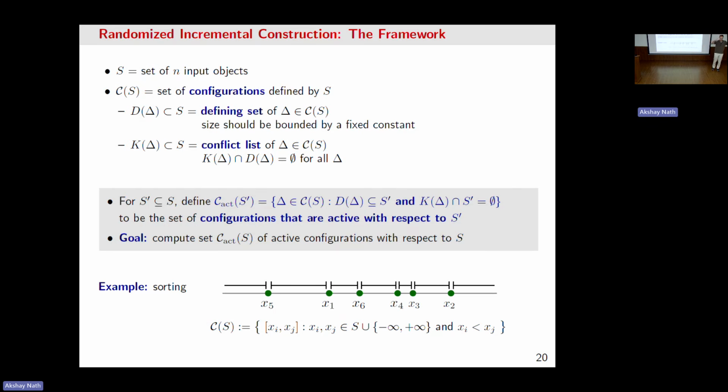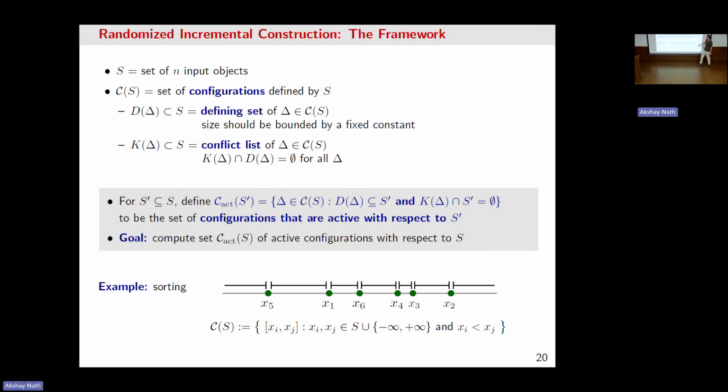So each delta in my set C of S is such an interval. So let's say that this is delta. Now, what is the defining set of delta? It's simply this.